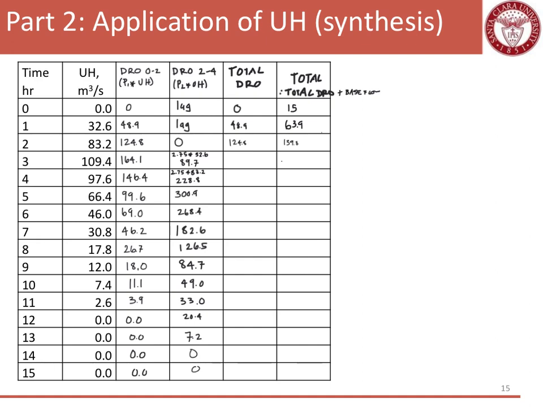At time 3, I have 164.1 plus 89.7, giving me a total flow of 253.8. That's a total DRO, and the total flow adding in is 268.8. Okay, so I'm going to go ahead, fill in the rest of this table. I encourage you to do the same, and then we'll look at all the numbers at the end.